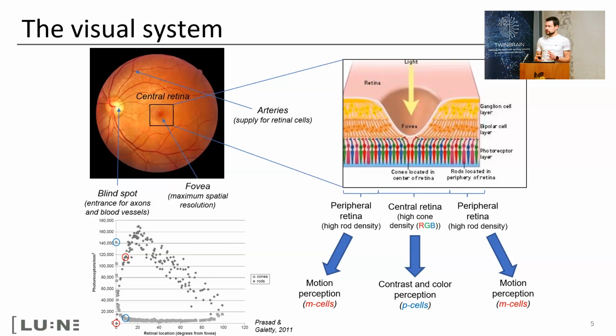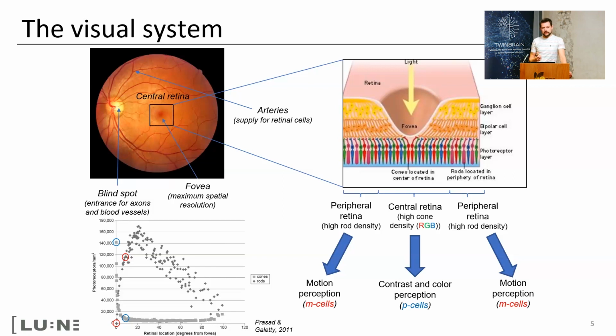So these two different types of cells, and you will find this later when we come to the design of stimuli for visually evoked potentials, we have to consider exactly this distribution and the localization of these two different types of cells. Because what do we want? In the end, we want to investigate the visual system, and we have to ensure that these two types are, let's say, not overlapping in our visual evoked potential.